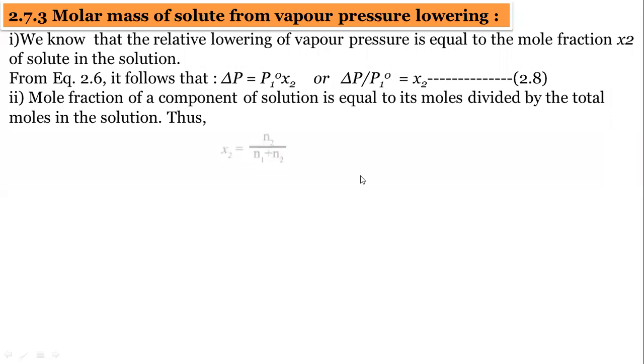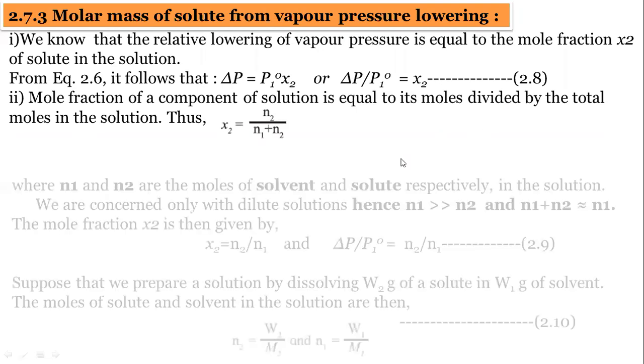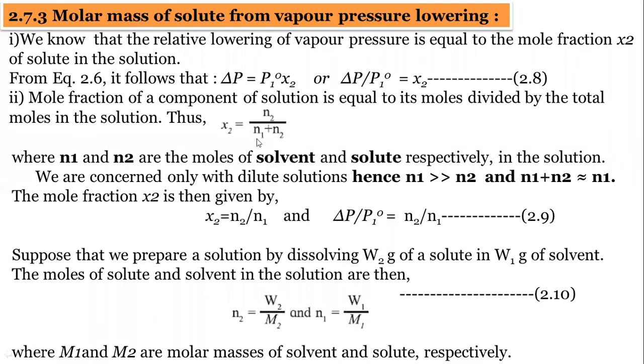So the mole fraction of a component of a solution is equal to its moles divided by the total number of moles in the solution. X2 indicates the mole fraction, which is nothing but the number of moles.